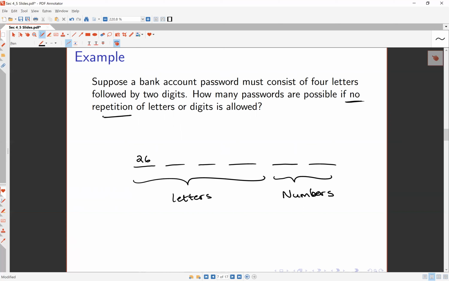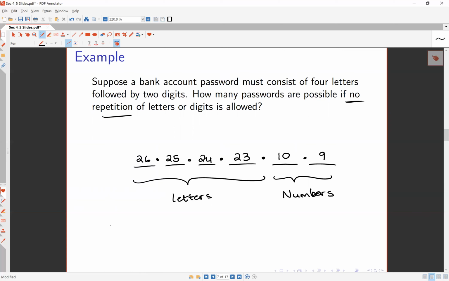So how many options do you have when you're picking the second letter? 25 options. Now you've used up 2 of the alphabet letters. So how many possibilities do you have for the third choice? That would be 24, and then 23 for the last one. Now you get to numbers. When you pick the first number or digit, you still have 10 possibilities, but now you've used up one of them. It's not available to be selected again, and so there are 9 options after that.